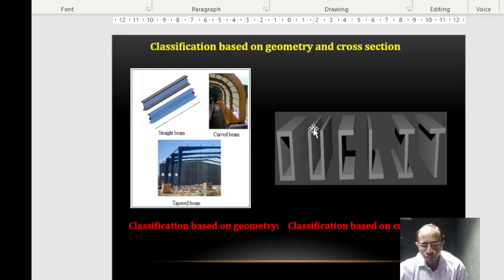So depending upon the cross section, like I section, T section, L section, channel, U, or hollow rectangular sections, all these kinds of sections are possible. Basically in steel, these cross sections are available. So this is the classification based on the geometry and the cross section.